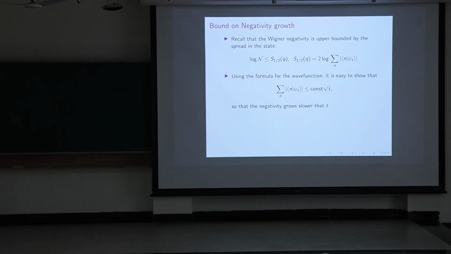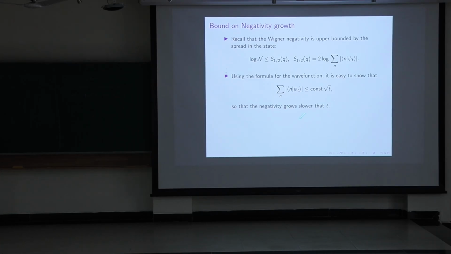The square root of t you can think of as what would have happened if it was just uniformly spread out over a box of size 2t. It's not, but it's still upper bounded by square root of t. And since this half Renyi entropy is upper bounded by square root of t, up to this factor of 2, you can see pretty easily from this expression that the negativity can grow at most as t.